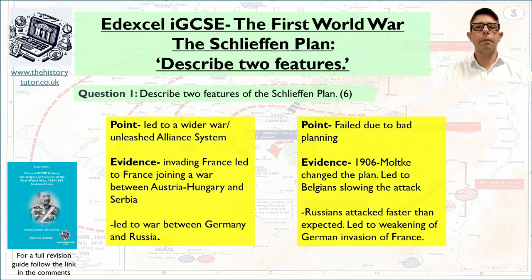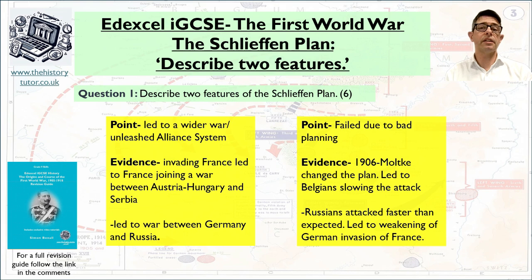So within the plan, it was believed Russia would take a long time to mobilize. So the Germans attacked France first, thinking they could knock them out of the war and then fight Russia afterwards. So this brought France into the war before they even made a decision whether they wanted to fight or not. And this also led to a war between Germany and Russia. The war initially was potentially Russia and Austria-Hungary, but now Germany is fighting Russia also.